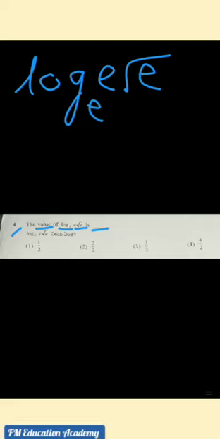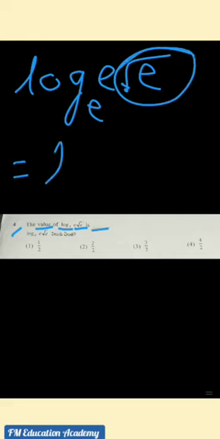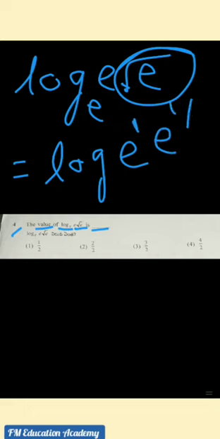Okay, now we know that we don't have any formula with root e, log root e. So what we will do is we will convert this root e in the form of exponential form. So what will it become? Log e also we will write in the form of exponential form. So e can be written as e power 1, and root e we know is e power 1 by 2 when we convert root in exponential form.